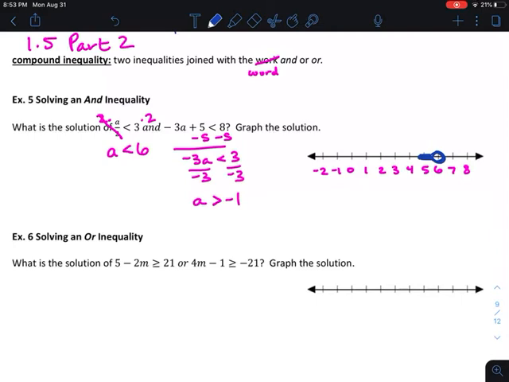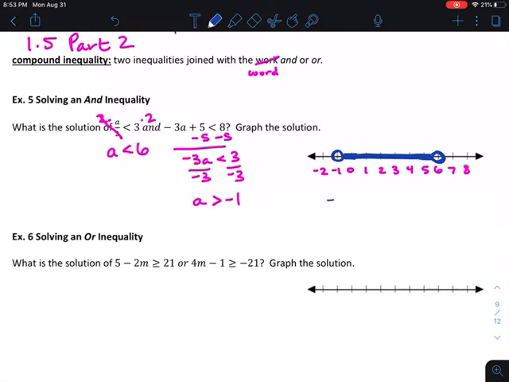If I have a is greater than negative 1, I go to my negative 1. Again, I have just an open circle because I don't have or equal to. And if a is greater than negative 1, I'm going to start coloring to the right side. These two pieces overlap each other to tell us all the values of a that would make both of those inequalities true.